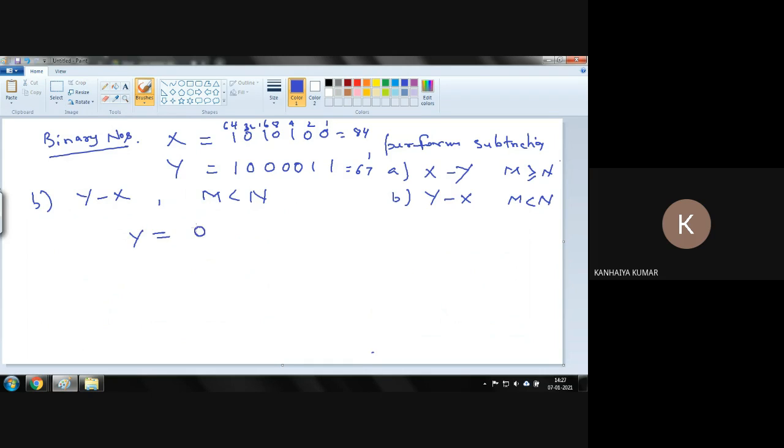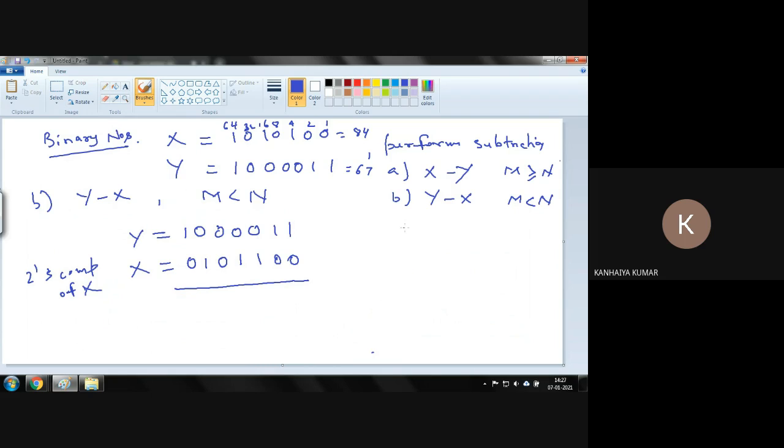So it was 1 0, 4 times 0, 2 times 1, so we have 7 bits. What do we put in place of x here? The 2's complement of x. So the 2's complement, now you can calculate directly, 0 1 0 1 1 0 0.